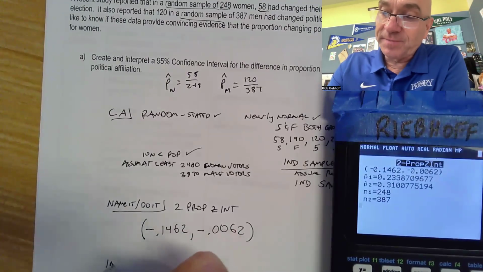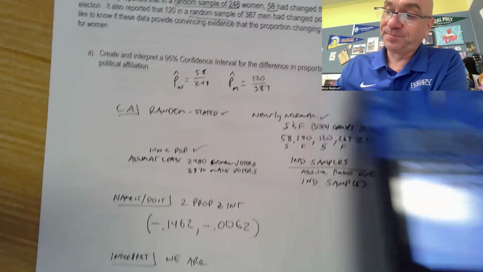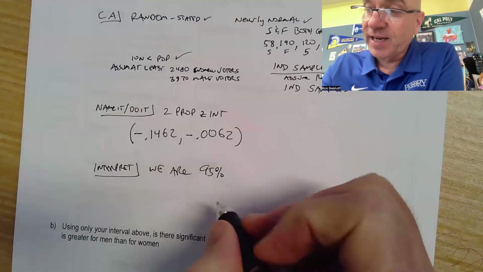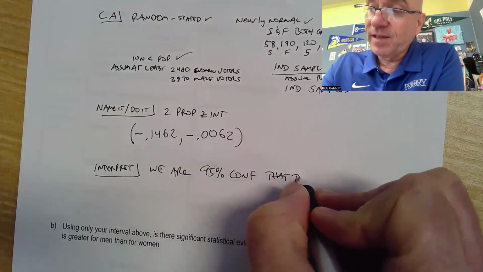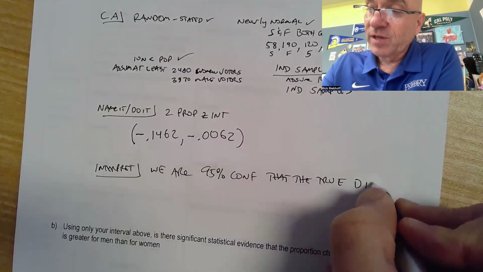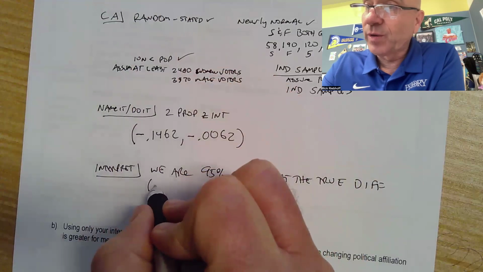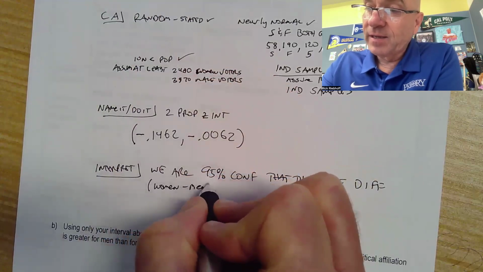All right, interpret. We are 95%, it was 95%, double check, confident that the true difference, and I think we had women as the first one, women minus men.